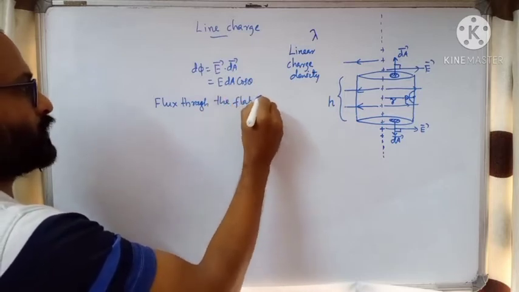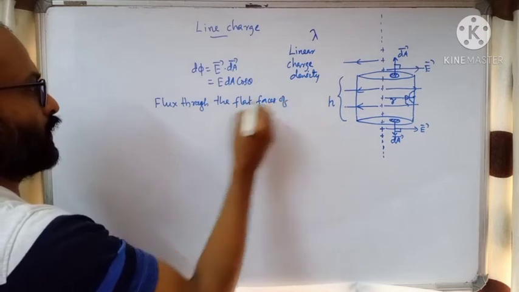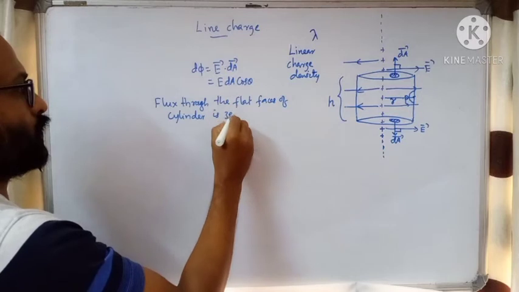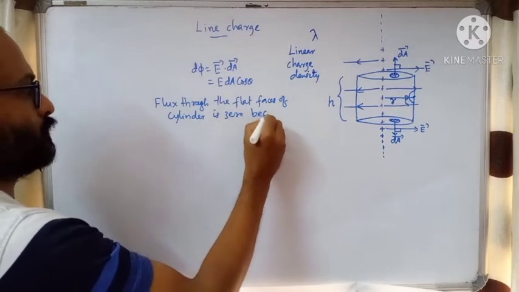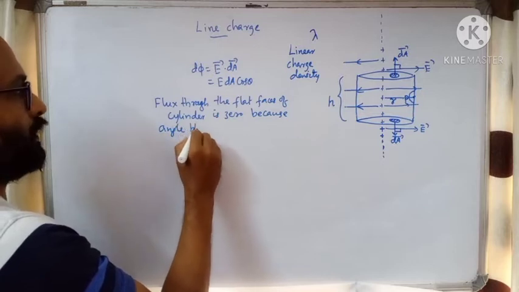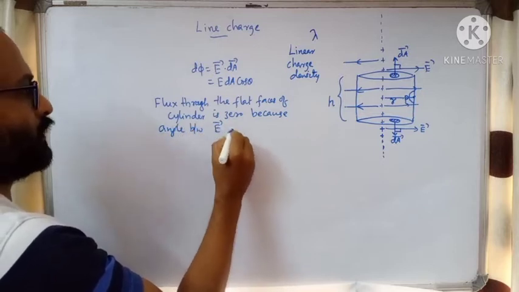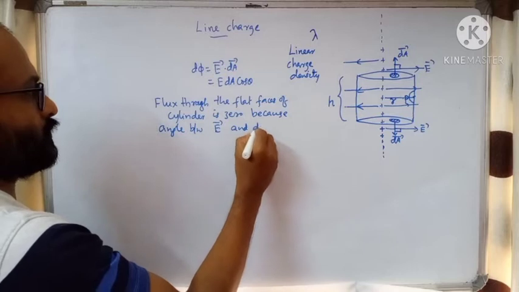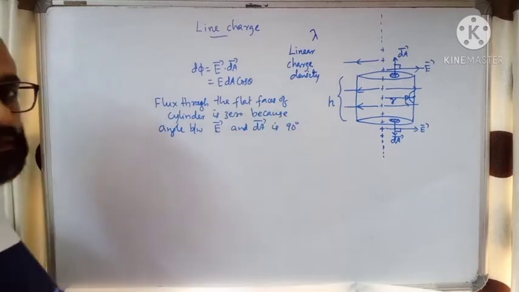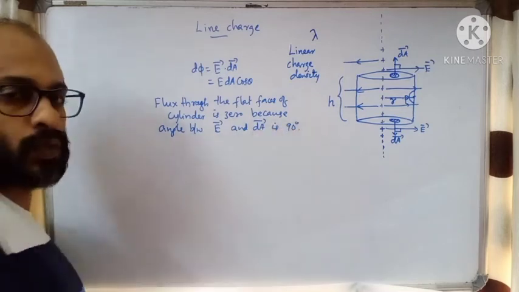There are two flat faces. Why is it 0? Because the angle between the electric field and the area vector is 90 degrees at the flat faces. That's why the electric flux is 0.